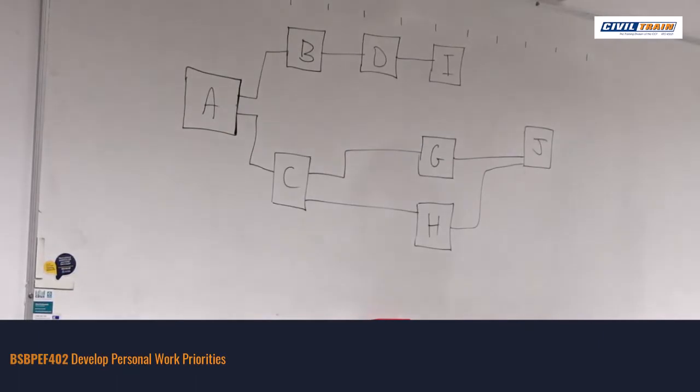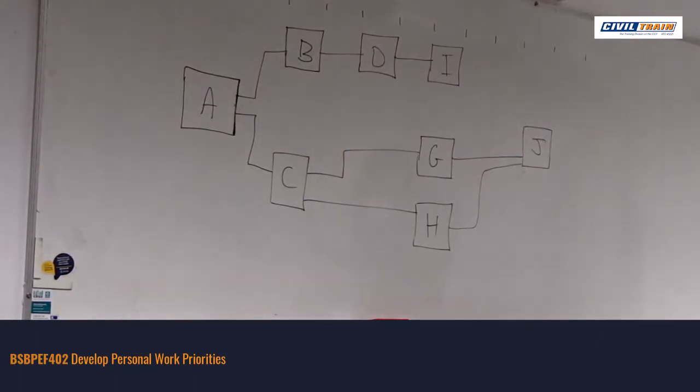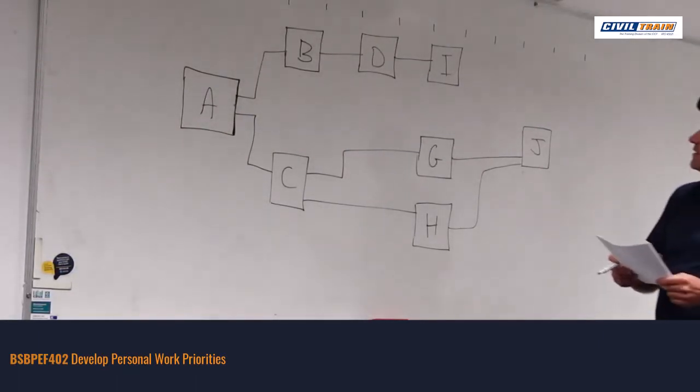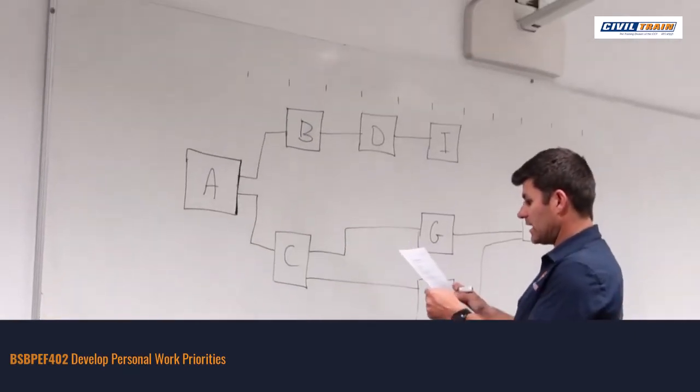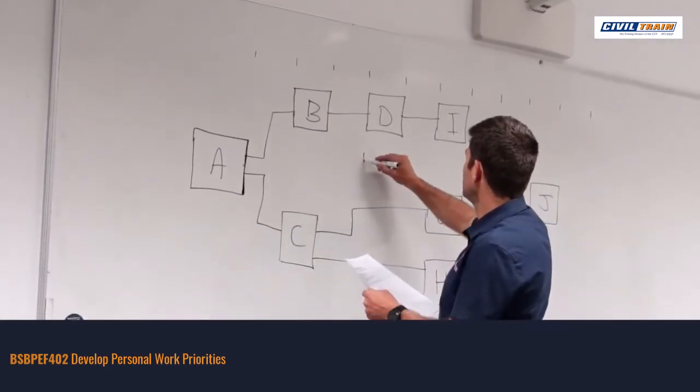I've got E starts before B and finishes before F and G. So E starts before, E starts after B, correction.